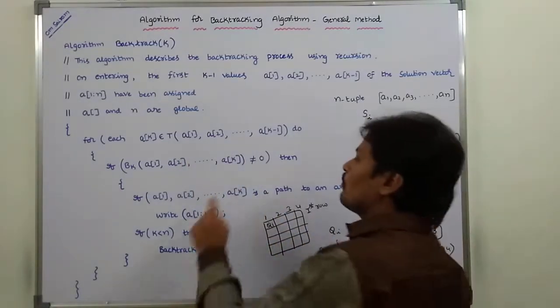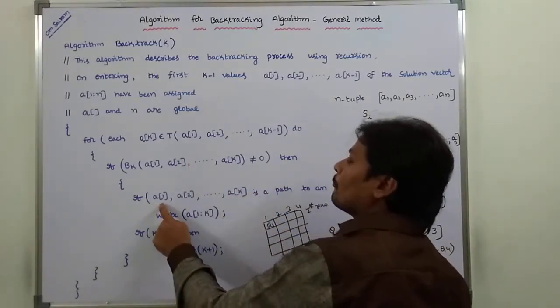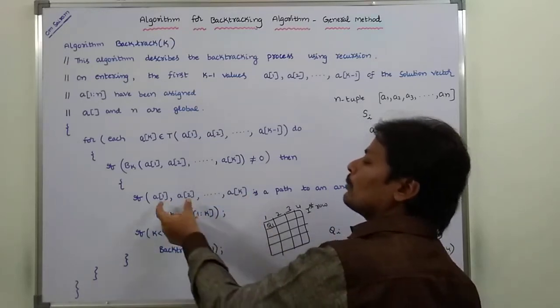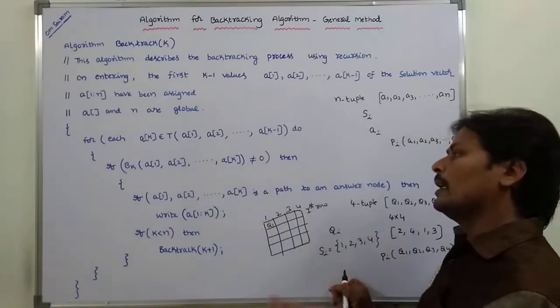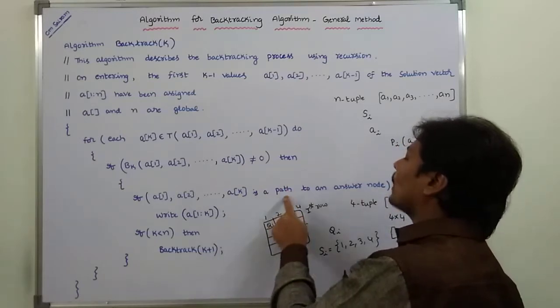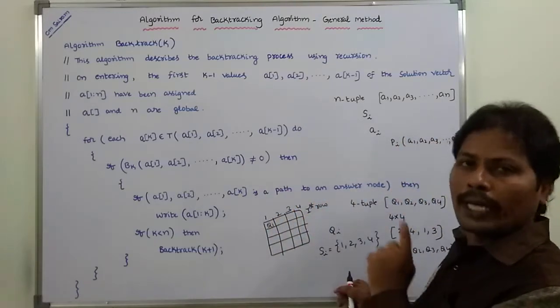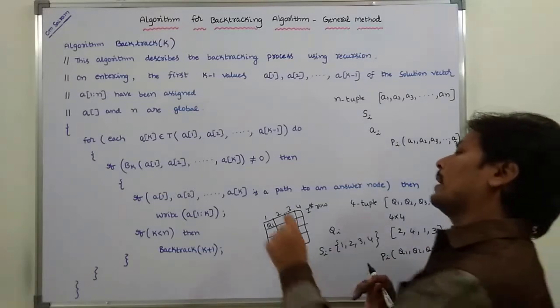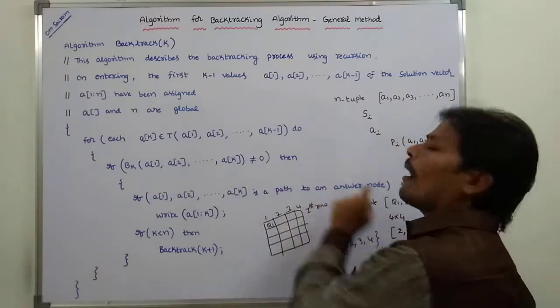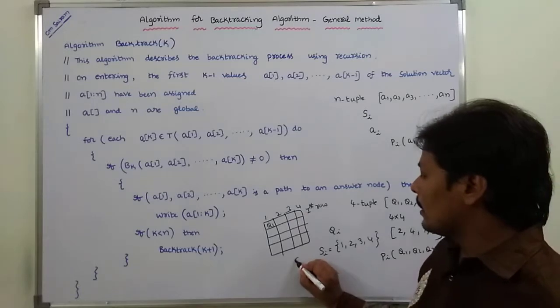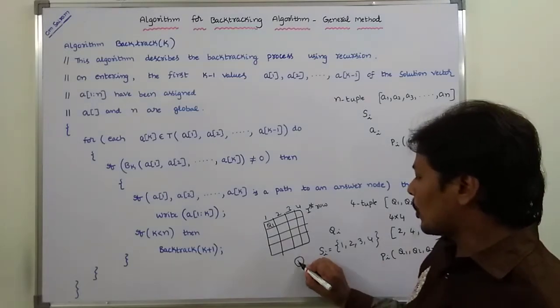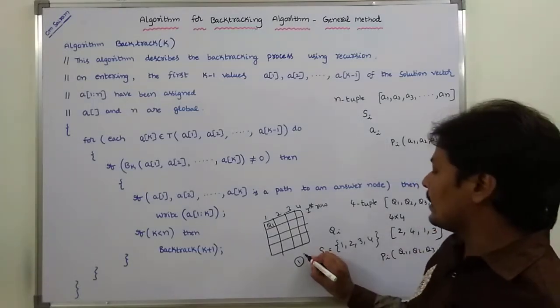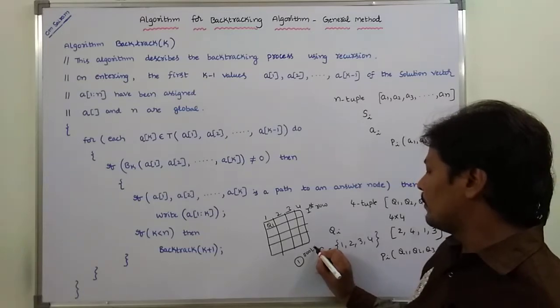Then if a of 1 up to a of k, here we are taking only a of 1, is a path to an answer node, yes, it is an answer node, from the root node to an answer node. Here queen 1 can be placed at the root node.